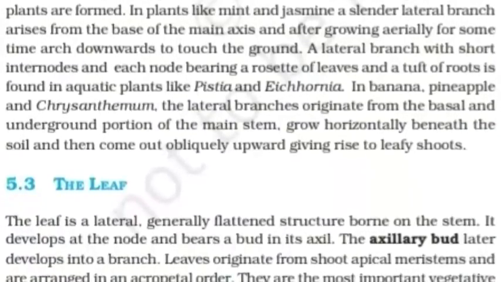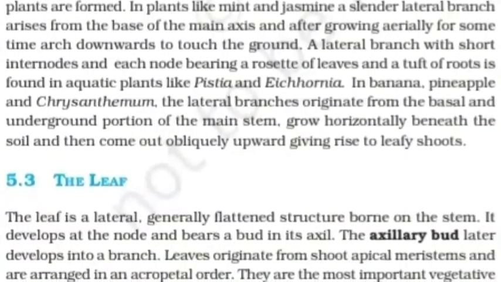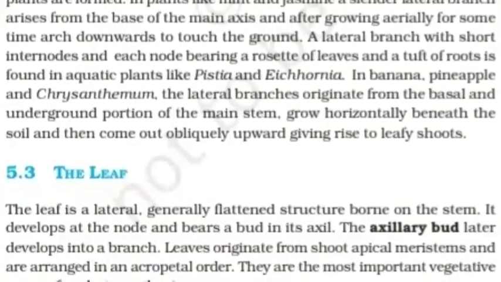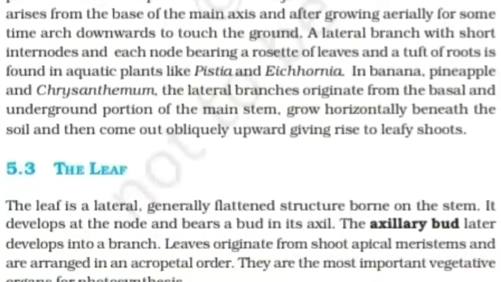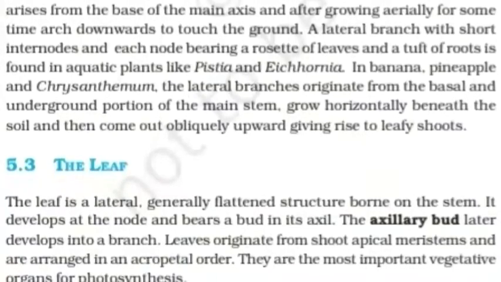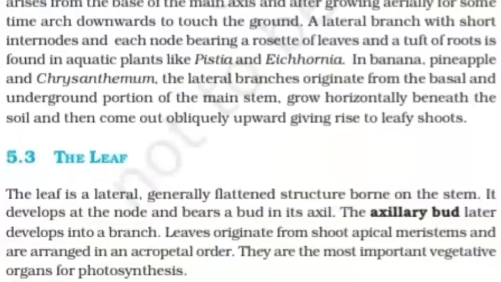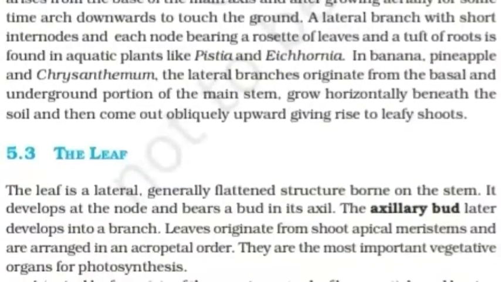The lateral branches originate from the basal and underground portion of the main stem, grow horizontally beneath the soil, and then come out obliquely upward, giving rise to the leafy shoot.